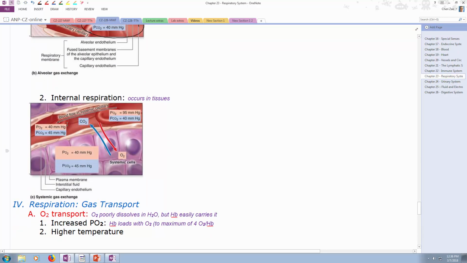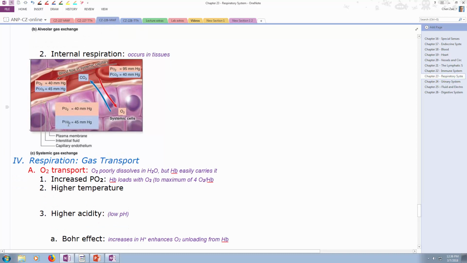That above was alveolar gas exchange. This is our internal respiration, now occurring at the level of the tissues, and so we always have our interstitial fluid in this area. Interstitial fluid surrounds your cells.